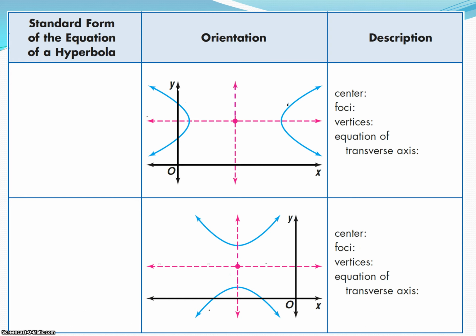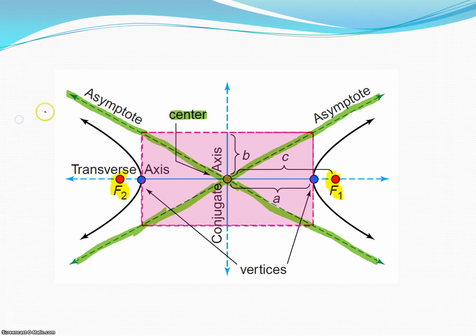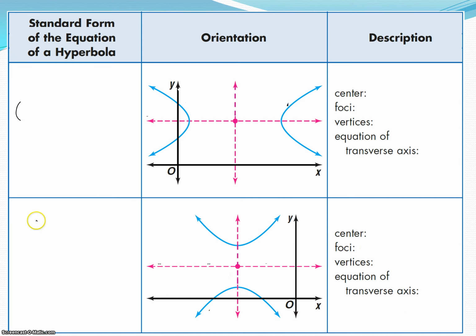All right, more specifically, let's look at the two types of hyperbolas that we're going to be talking about. We've got right and left, or horizontal orientation hyperbolas, and the standard form is x minus h quantity squared over a squared minus y minus k quantity squared over b squared equals 1.